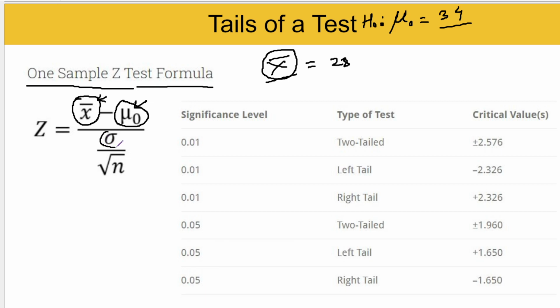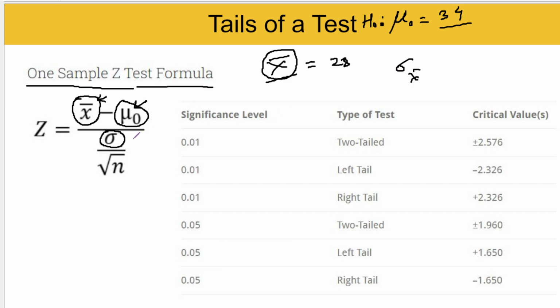Here, one thing to see for the Z test is that we assume you know the population standard deviation. So this is not mu x bar, sigma x bar. Sigma is the population standard deviation.